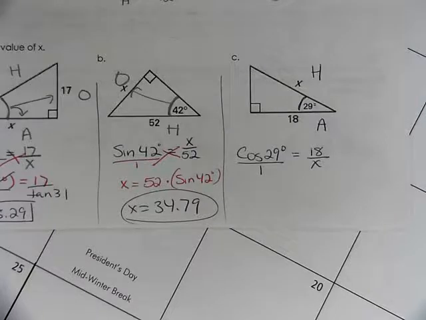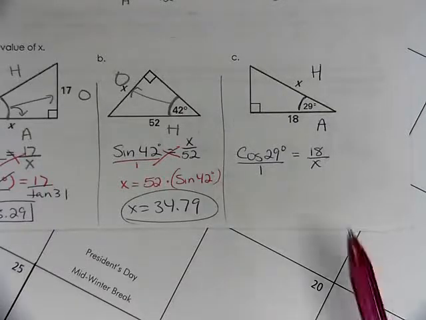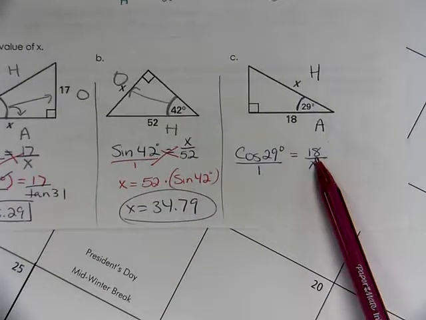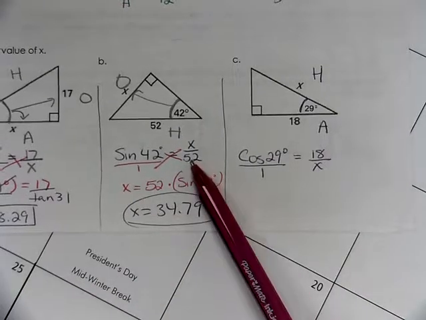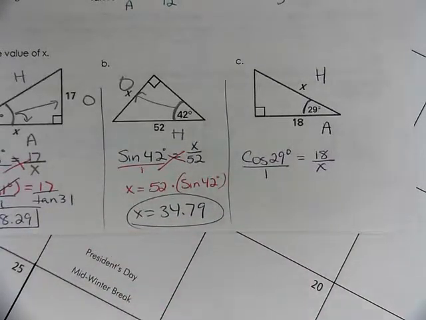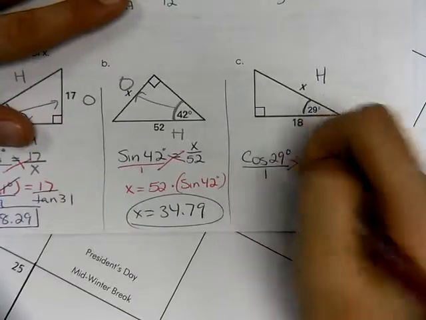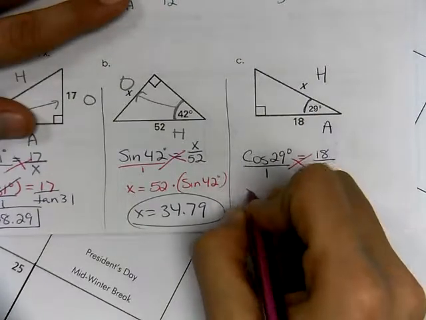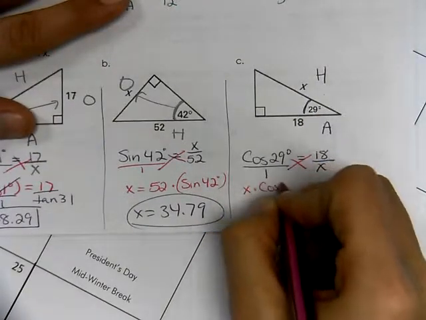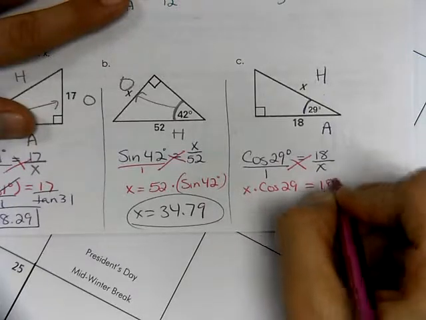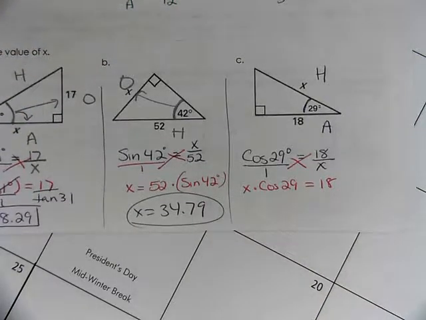As you get better at this, like by Wednesday, you'll be able to realize if the number's on the top, we're going to have to divide. If the number's on the bottom, you just multiply. But let's cross multiply and keep going for now. So we would get X times the cosine of 29 equals 18. I don't figure out the cosine of 29 until the very end, because if you do it at the beginning, you round and then you get the wrong answer.